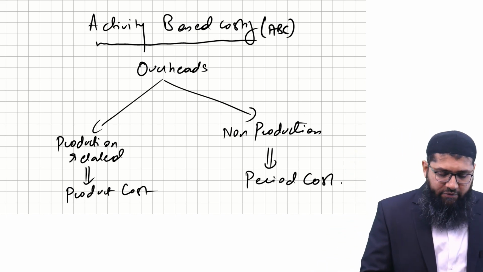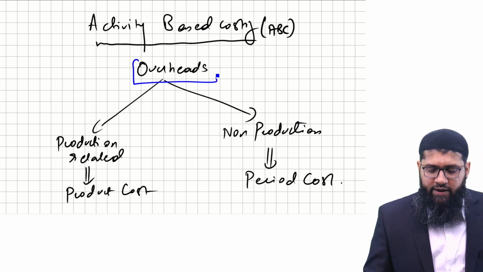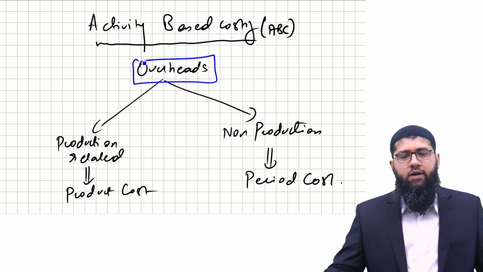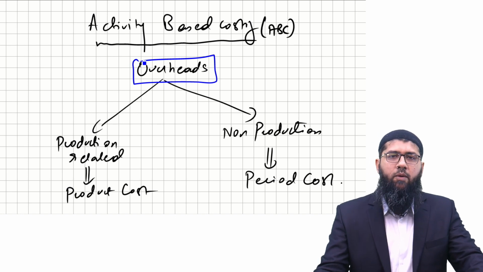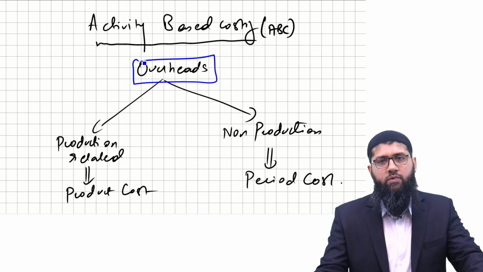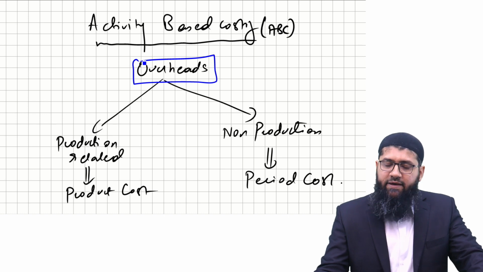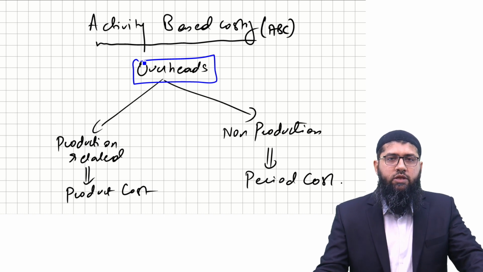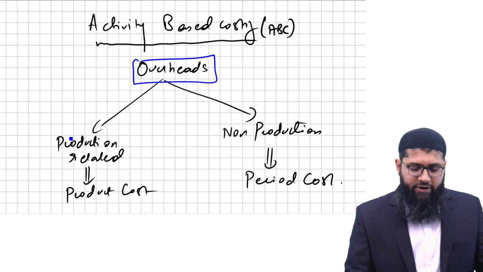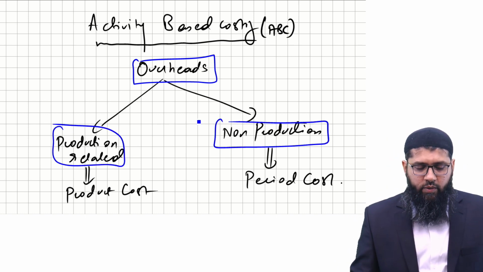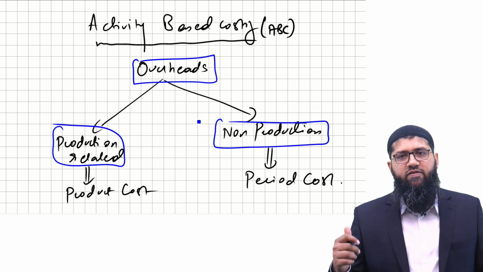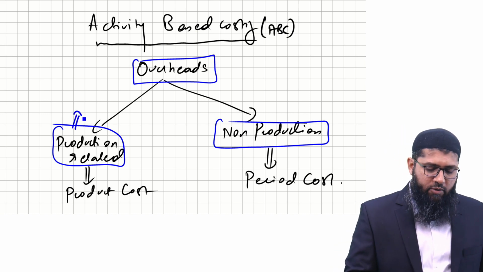The background to activity-based costing is that whenever an organization operates, it incurs overheads. I repeat, whenever an organization operates, it incurs overheads, which can be categorized into production-related overheads and non-production-related overheads.